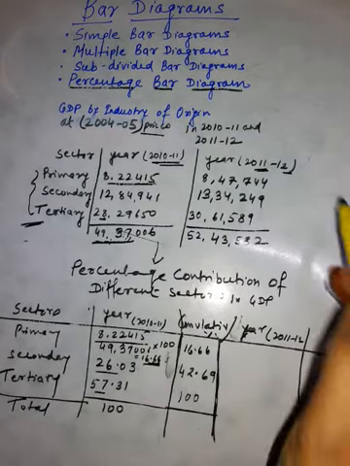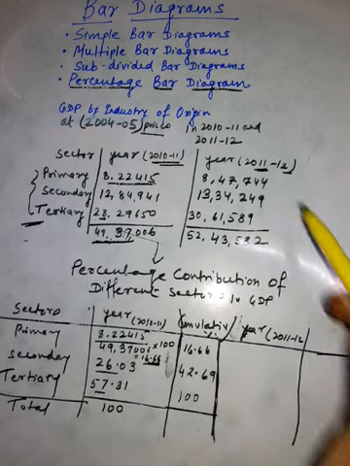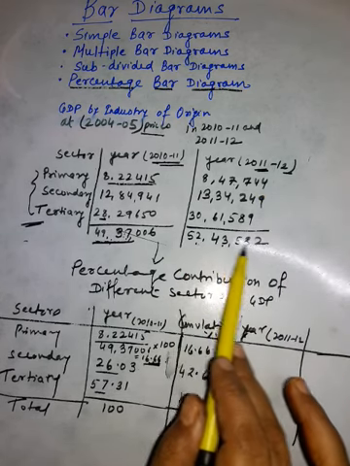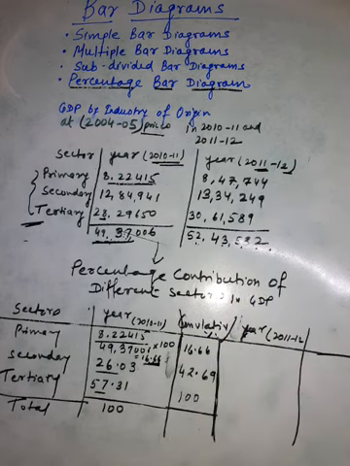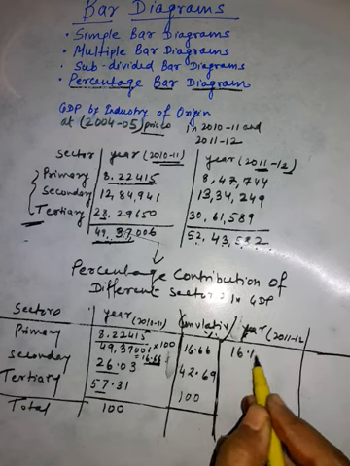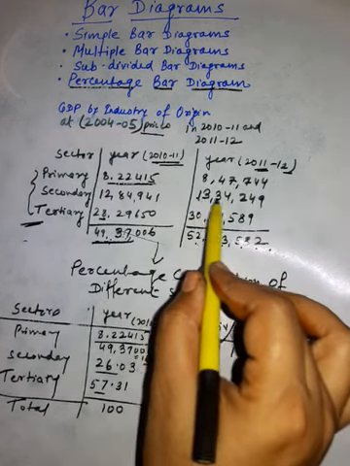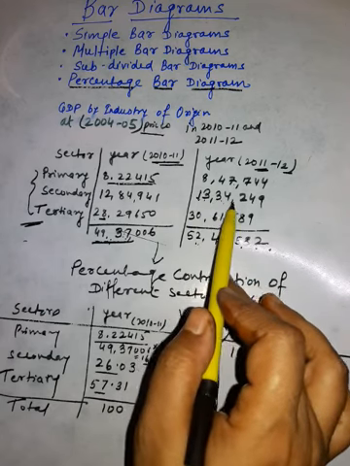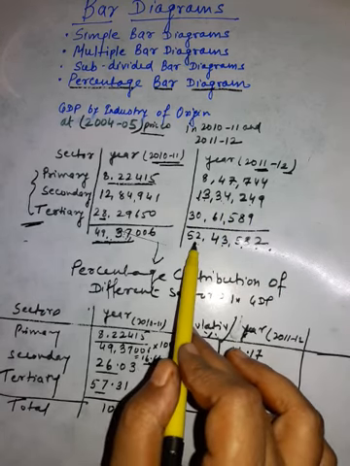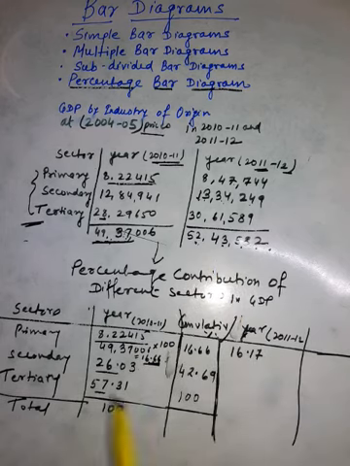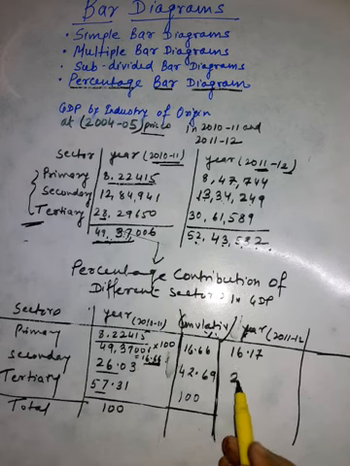So here again 4,47,744 will be divided by 52,43,582 multiplied by 100. So you will get around 16.17. Then after that you will divide 13,34,249 by 52,43,582 multiplied by 100. Likewise here you will get around 25.45.